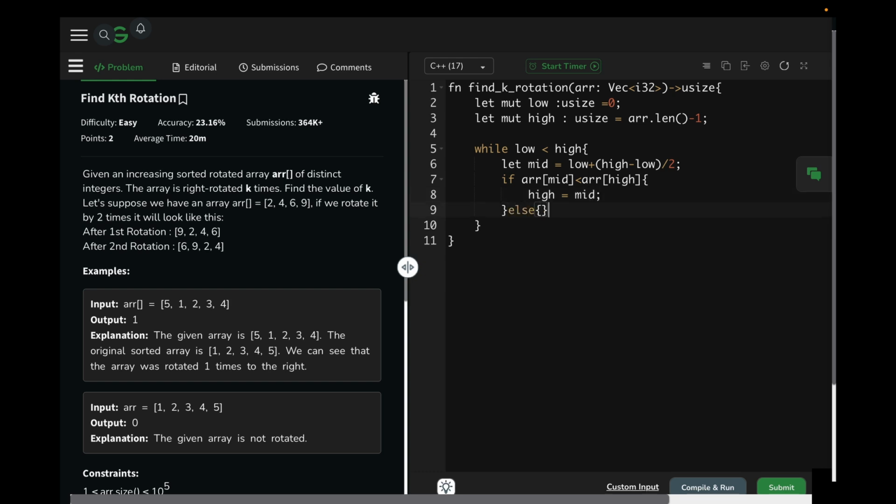Later, for my else case, that means my ARR of mid is greater than ARR of high, in that case I update my low as mid plus 1. And after coming out from the while loop I return my low.